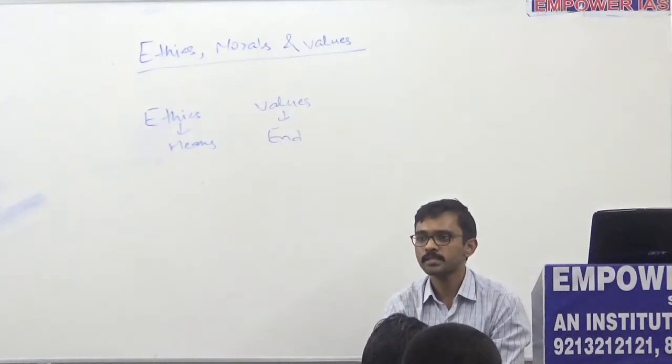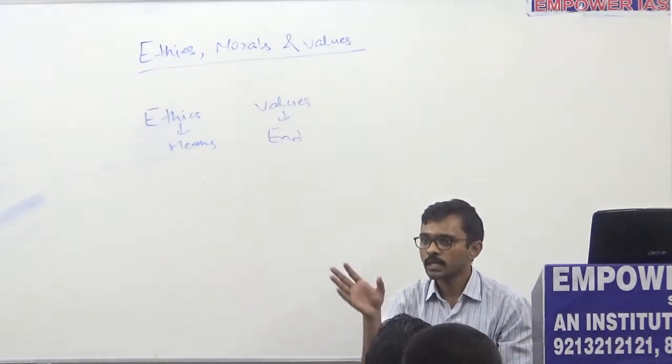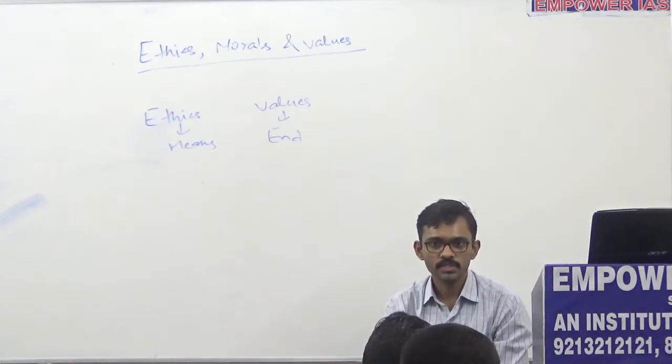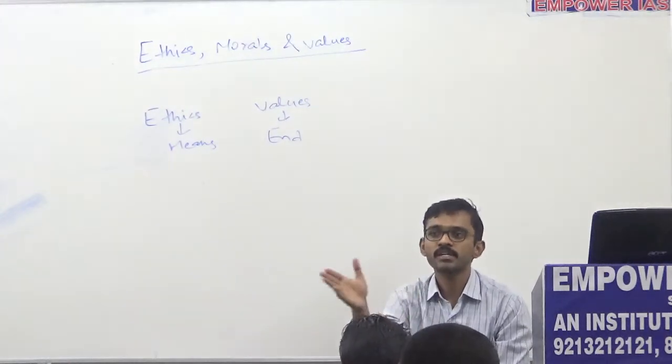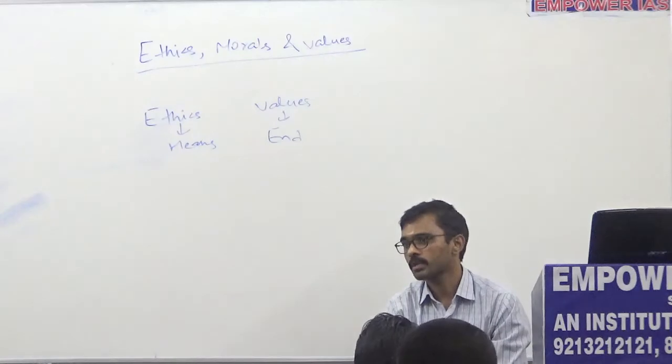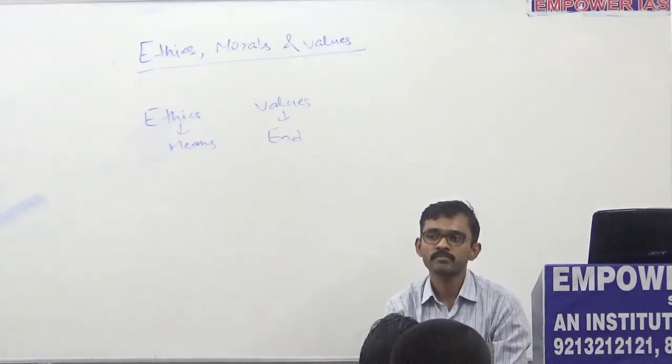Ethics has universal acceptance, while morals and values are subjective. However, we pick and choose those morals and values which have universal acceptance, which are common across different cultures and different individuals. And that is how ethical theories are formed. Okay? So this is the meaning of this.